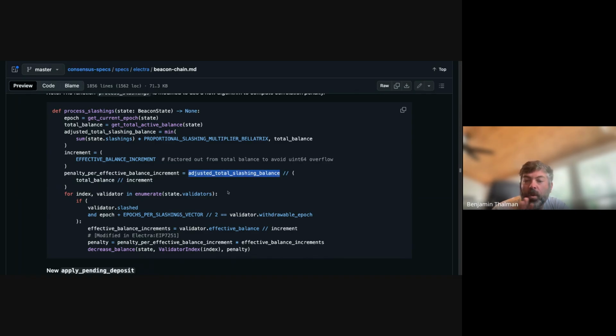So even if you're the only validator that's committed a slashable offense, it's actually 32 billion times 3. It'll give you 96 billion. 96 billion floor divided by 120 million is still going to be a positive number.